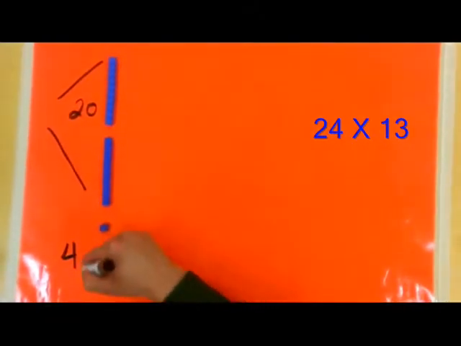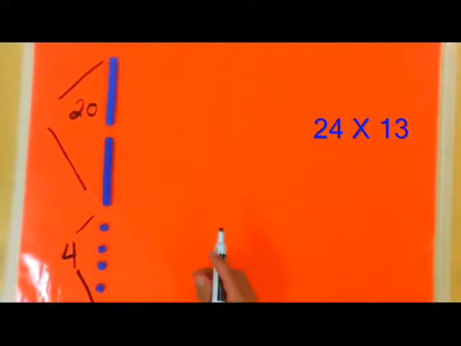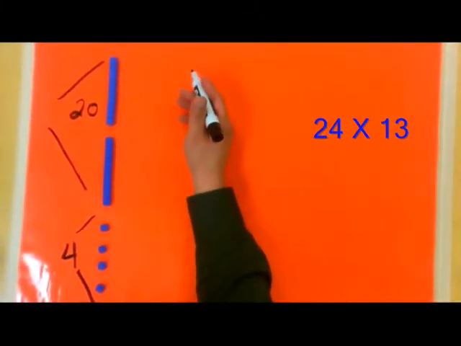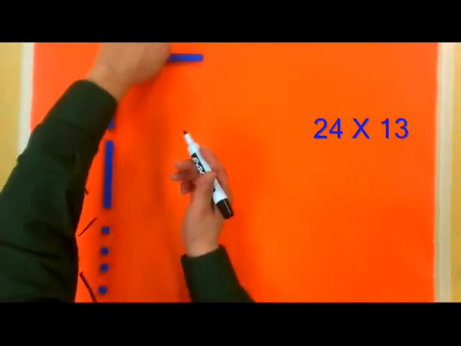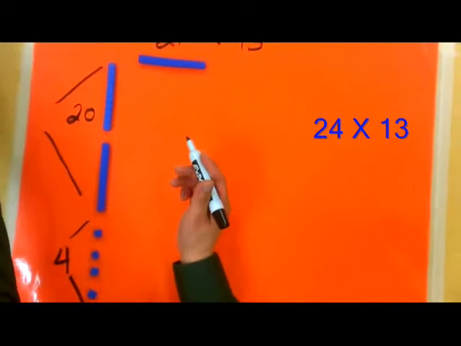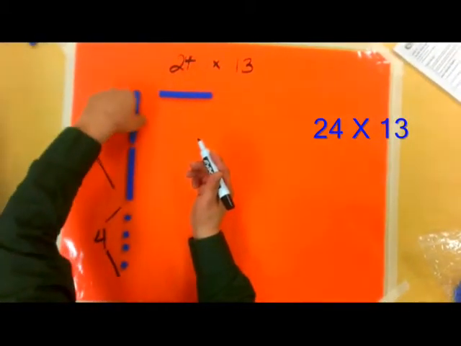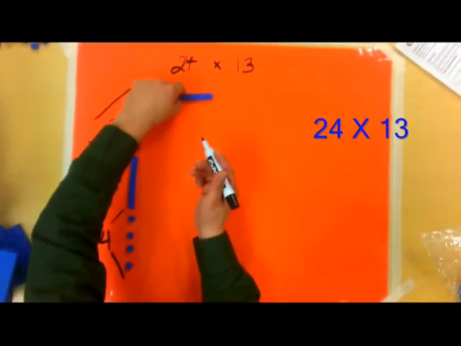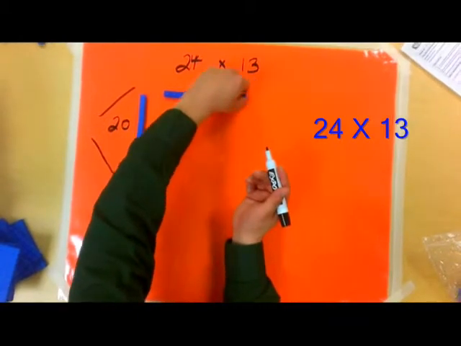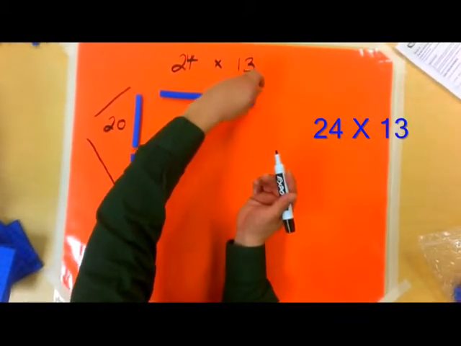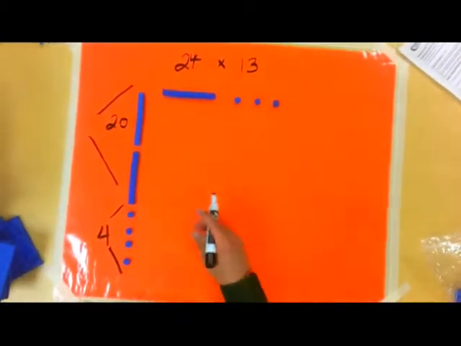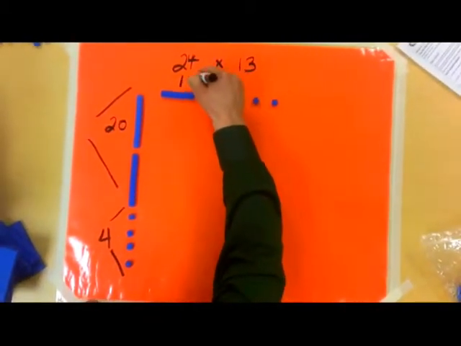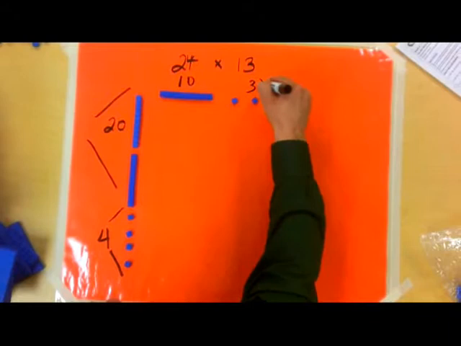And now I've already built the 24, now I'm going to build the 13. The 13 is going to take 1 10 long and 3 units. So I would write the 10 on the top here and the 3 here.